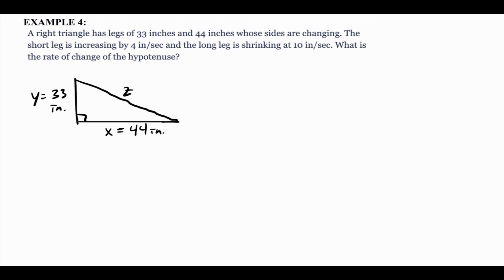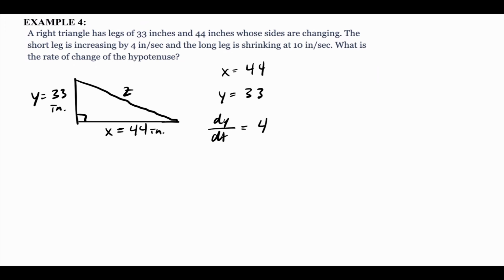First step, what do I know? I know X is 44 inches. I know Y is 33 inches. My short leg is Y, so dy/dt is increasing by 4 inches per second.